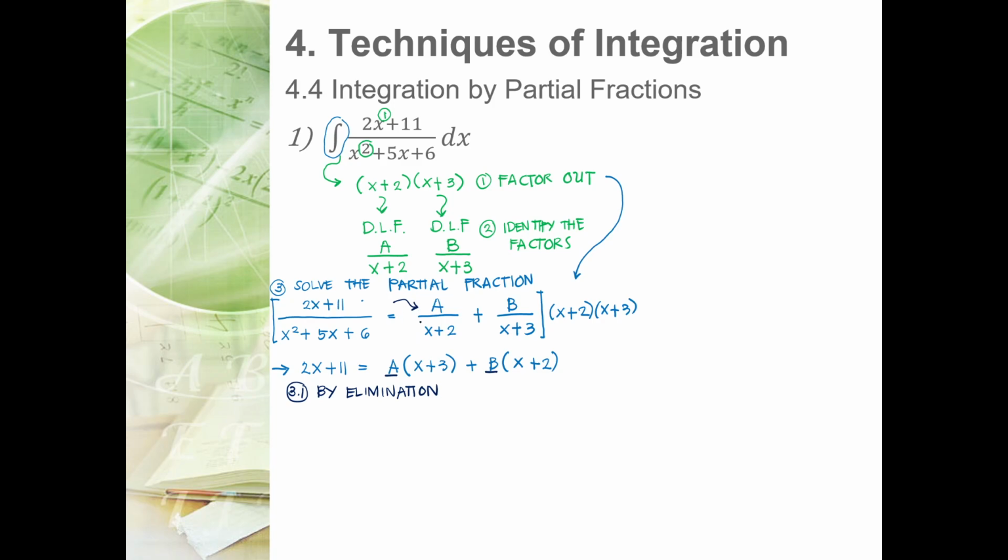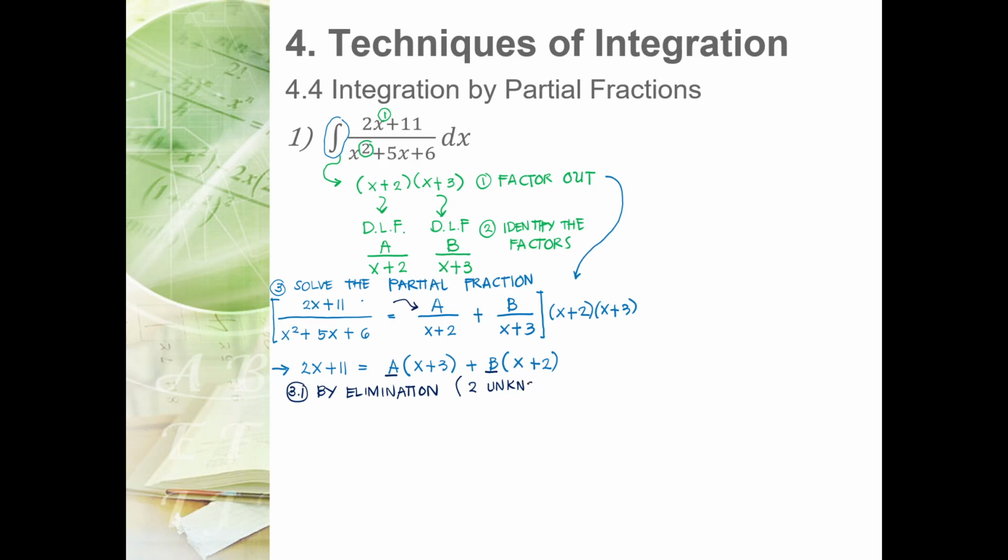If you want to cancel out B, x must be equal to negative 2, so that negative 2 plus 2 is equal to 0. The elimination method is only best if you have two unknowns.